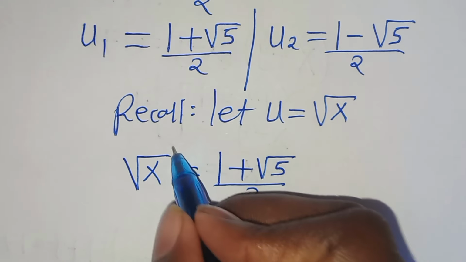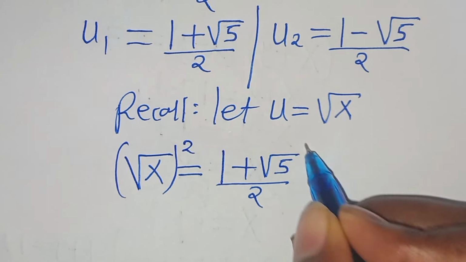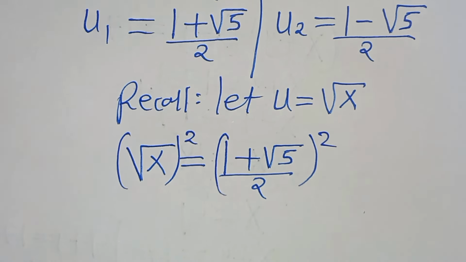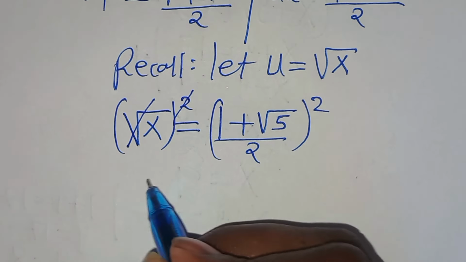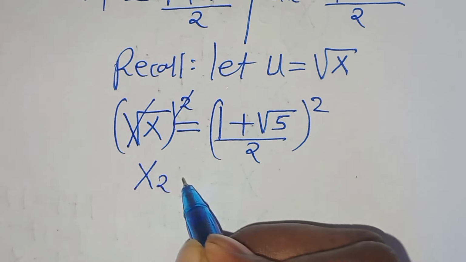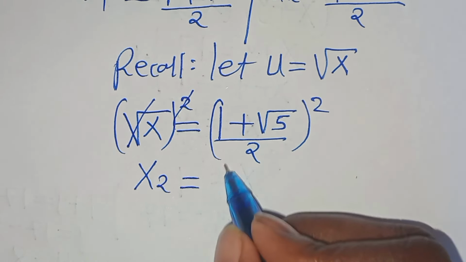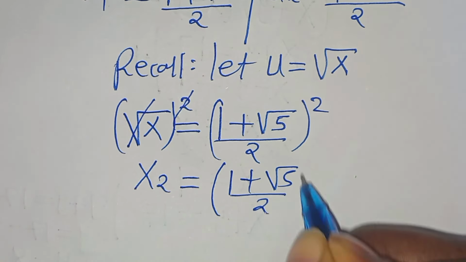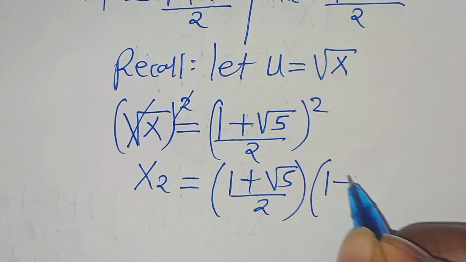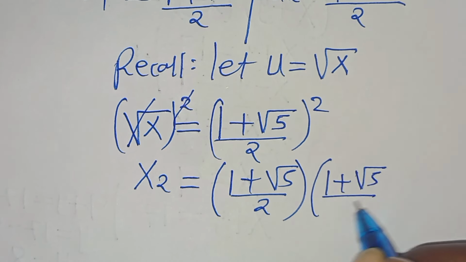To solve for x here, we square both sides, so that now we eliminate the square root sign, and this implies that x2 is equal to the same thing as 1 plus square root of 5 over 2 multiplied by 1 plus square root of 5 over 2.